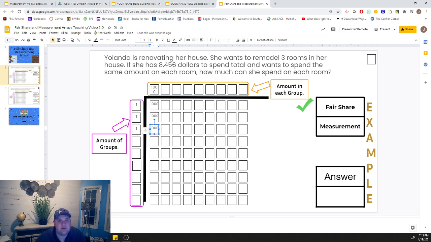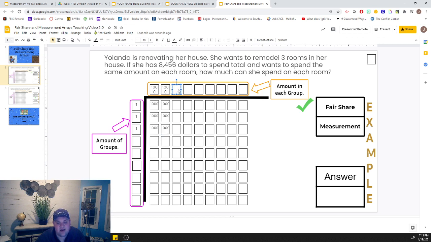But I have 8,456 to get in my array. So I'm going to give 1,000 more to each room. Now I have 2,000 in each room and $6,000 spent.